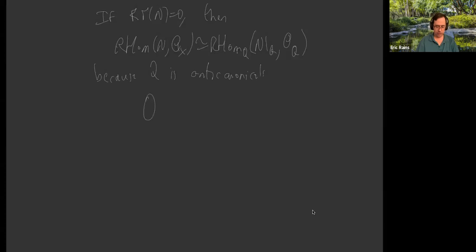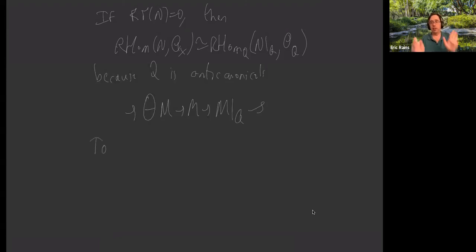That is, we have a distinguished triangle where we have this exact functor coming from duality, and the third term is the restriction to Q. In fact, for nice sheaves, this is a short exact sequence.